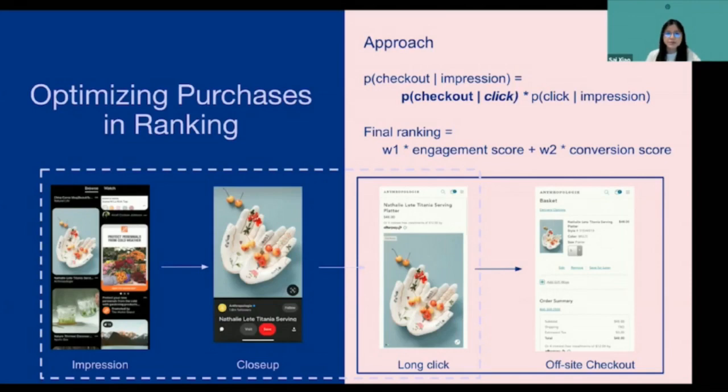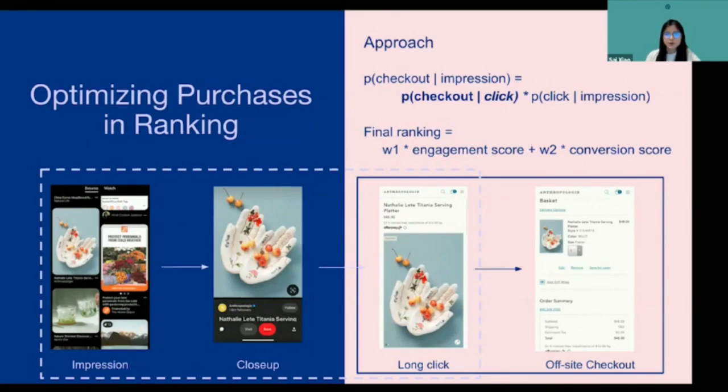Existing recommenders are limited in their ability to drive conversions as they are currently optimized for engagement. So a strong lever that we have available is to start optimizing the final ranking for conversions. Eventually, we want to estimate the probability of checkout given impression, which can be reasonably approximated as a multiplication of two terms and predicted separately.